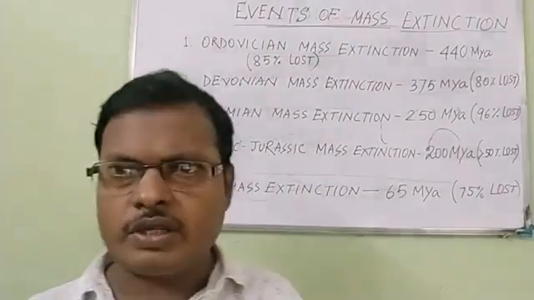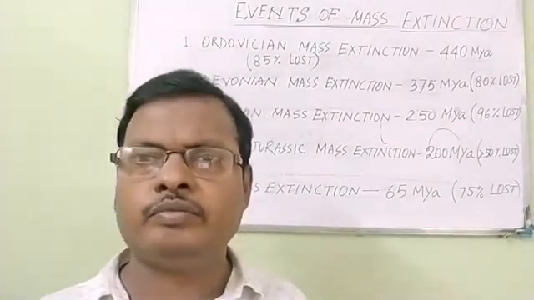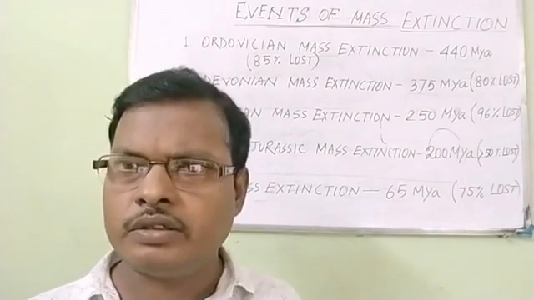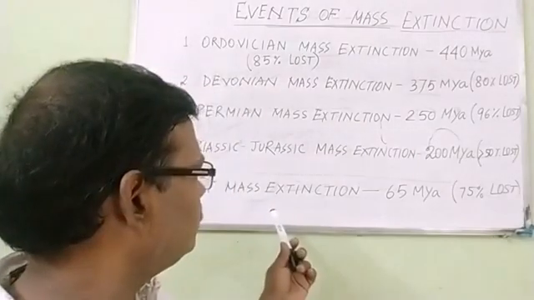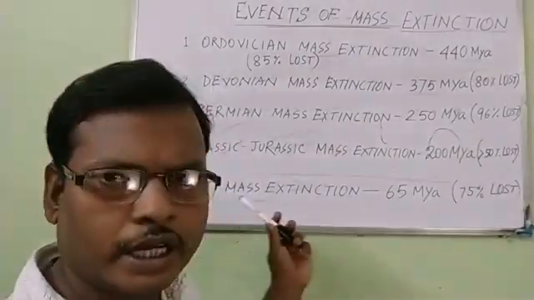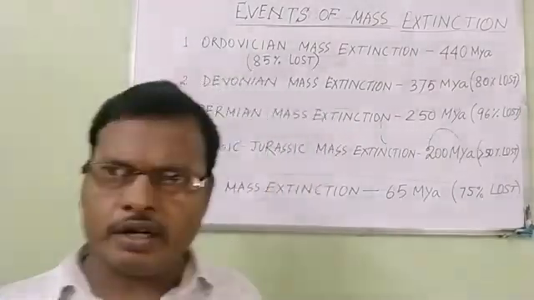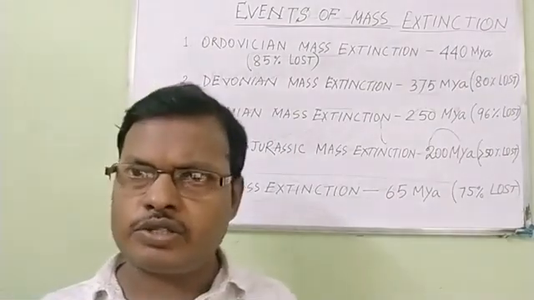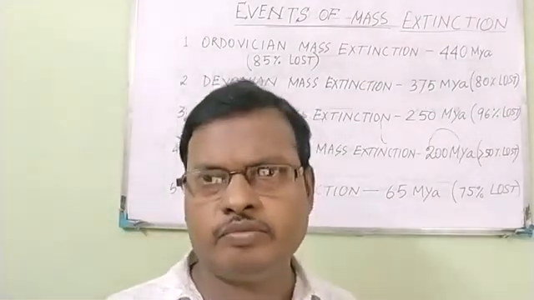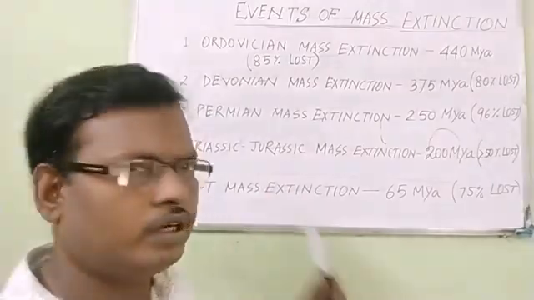Then the last mass extinction described by these scientists is the KT mass extinction. K for Cretaceous. In Greek there is no C, so K for Cretaceous. T for Tertiary, the first part of the Cenozoic era.